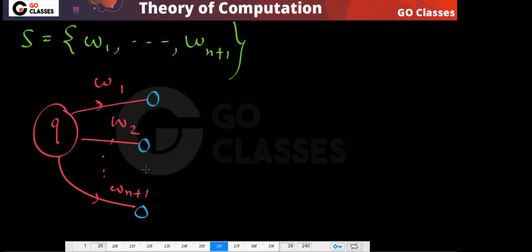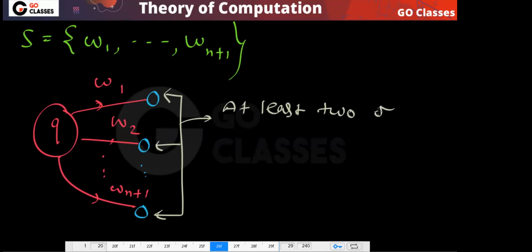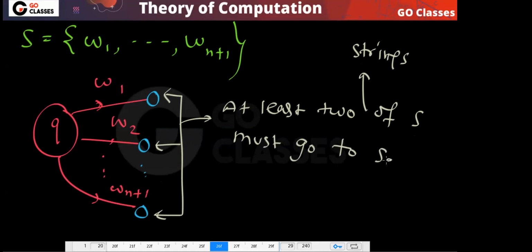At least 2 strings of S must go to the same state from Q. Correct? Very simple.